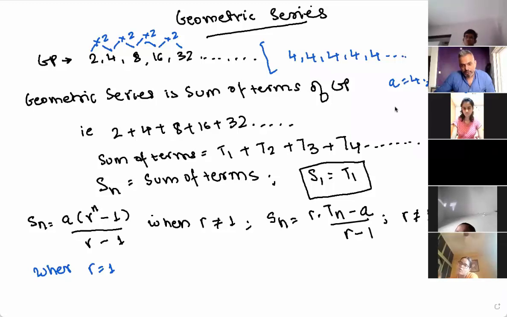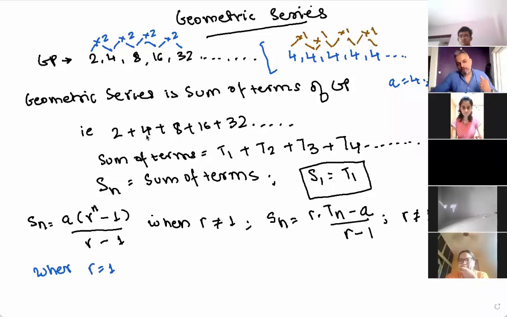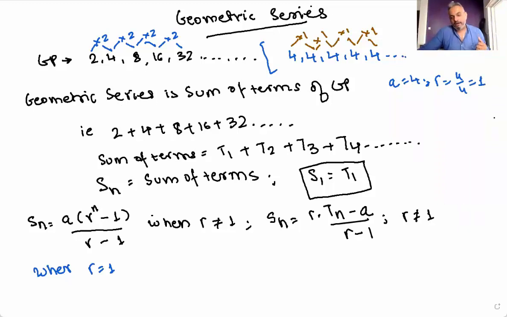So it is a geometric progression. Here you can see 4 into 1, 4 into 1, 4 into 1, 4 into 1, 4. So this is also a geometric progression where R is equal to 1.